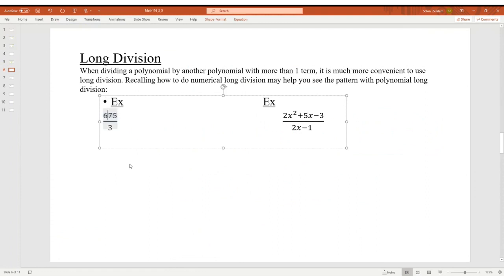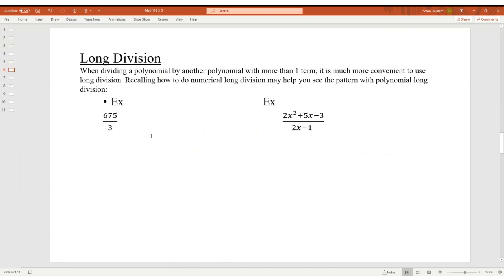When we divide a polynomial by another polynomial with more than one term, like a binomial or trinomial, it is much more convenient to use long division. Long division in numbers has a similar pattern or steps as long division in polynomials. So I'll do it in parallel so that you can see what I'm doing.